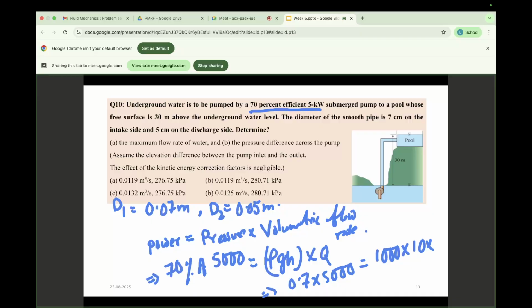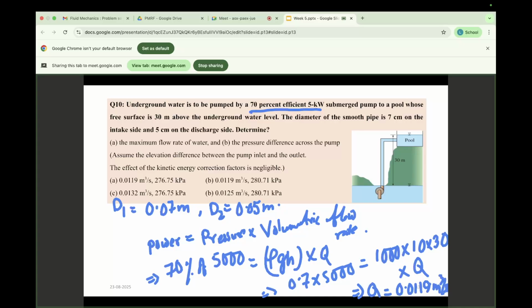Assume it as g, and this is 30 meter. So and Q I need to calculate. So if you put this thing, you will get this Q. This Q we will get as 0.0119 meter cube per second. That is what we have got. So please check.